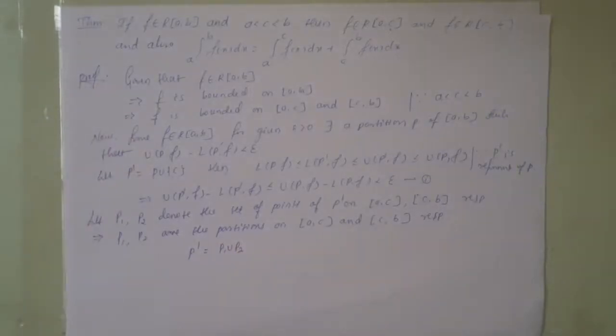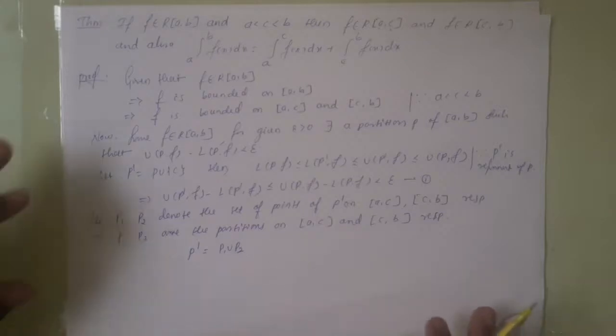So, that is the common refinement of P1 and P2, which is greater than both of them, because P dash is the union of two partitions, hence it is greater than P1 as well as P2.